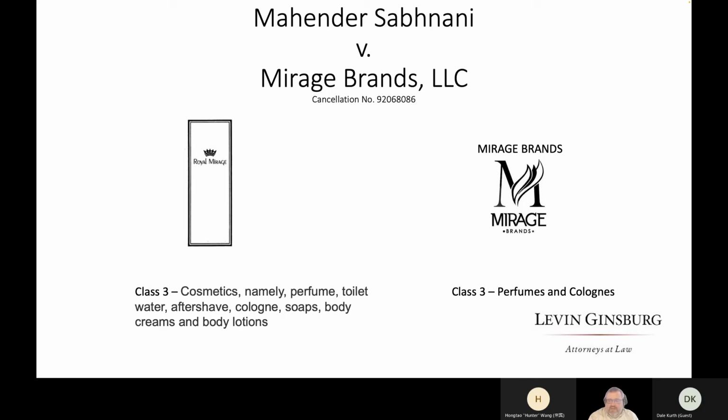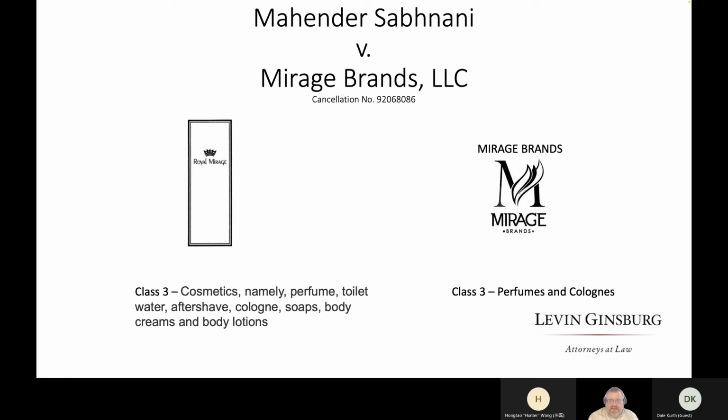And here, the one on the right, they have a word mark for Mirage Brands, and they also have a design mark, which has a stylized M with flames coming up from it, with the words Mirage Brands, with emphasis to focus on the word Mirage and the M.